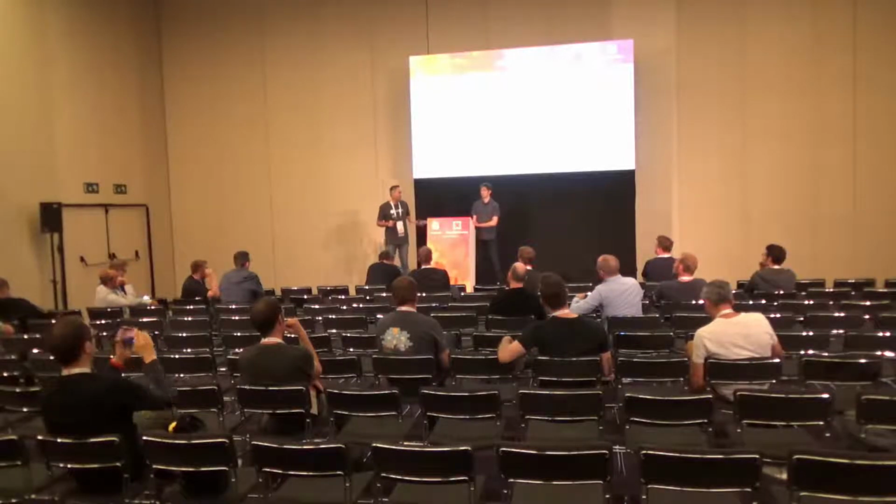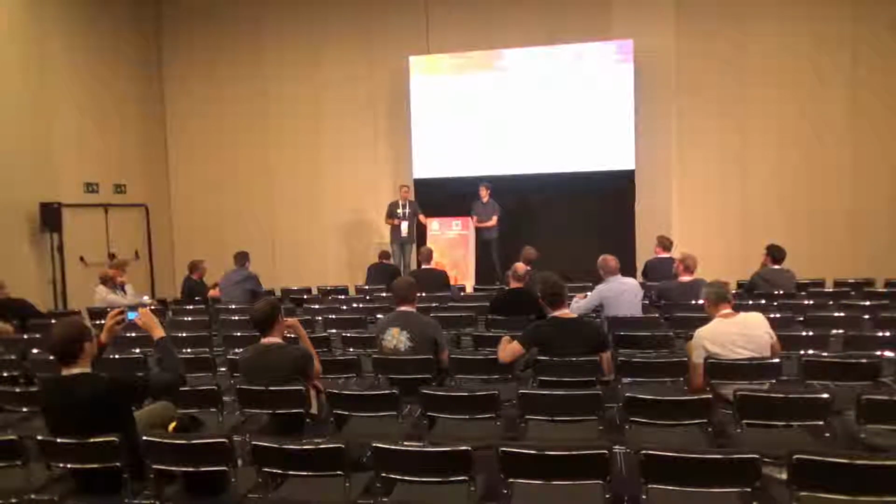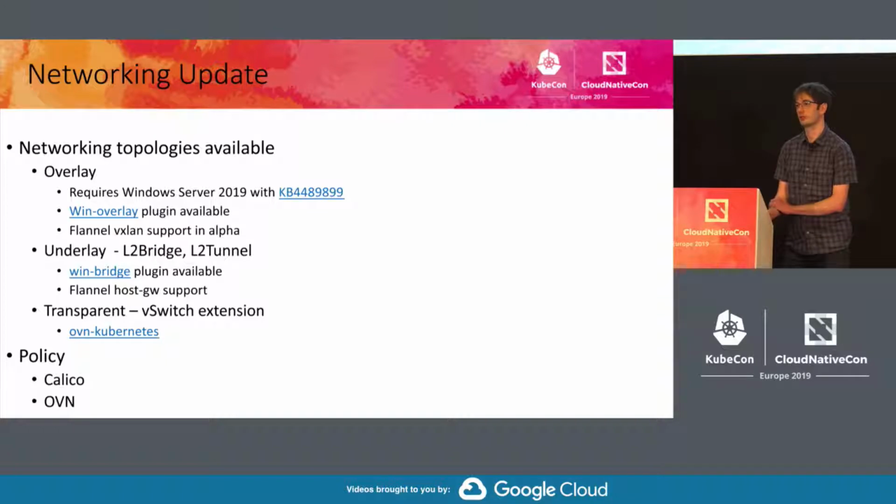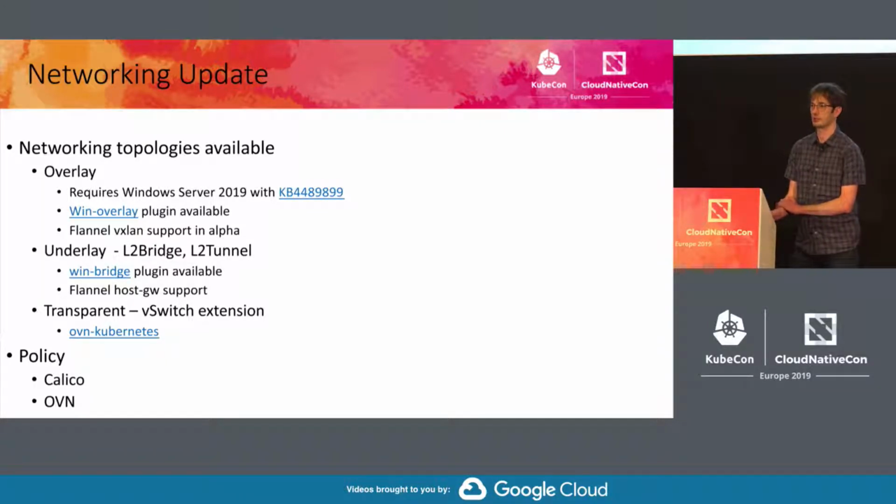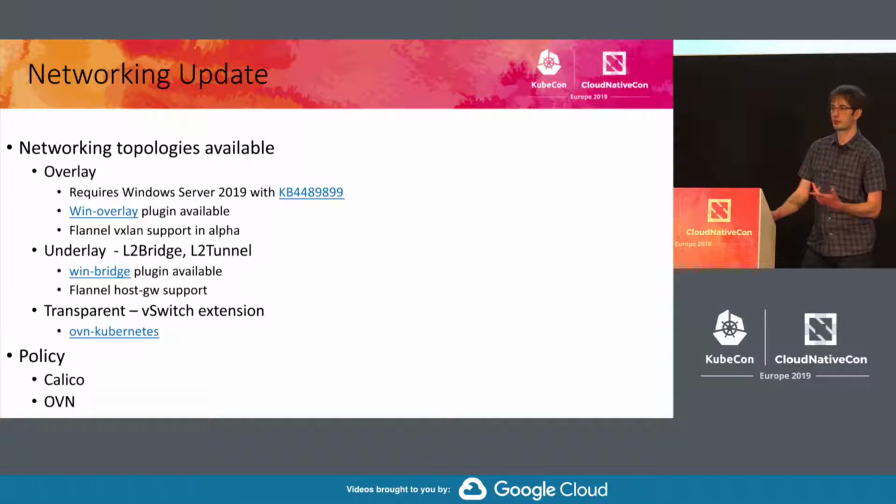I'm not aware of any SKU restriction. In fact, we might even be able to get Windows 10 working for non-production stuff. But the container role is there in the standard, the enterprise and the data center SKUs. And so that's what you need to enable on the Windows side as a prerequisite.